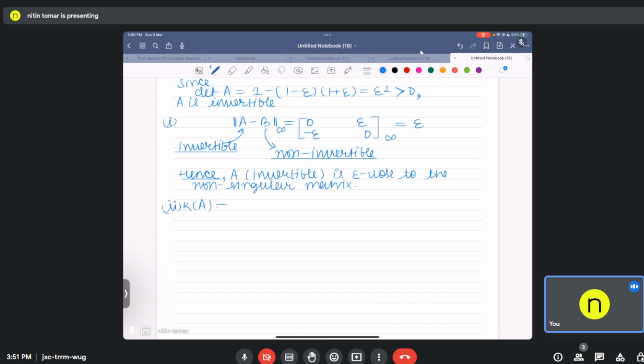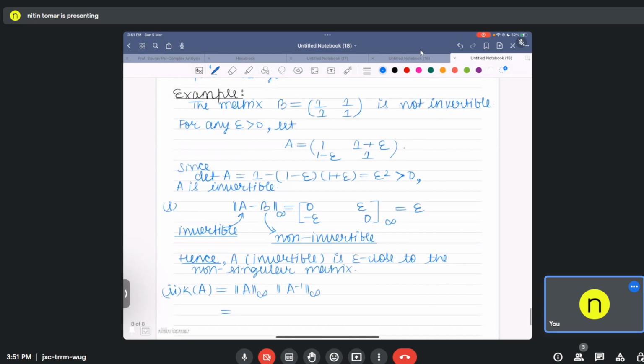So what is the condition number of A? We are computing with respect to the L infinity norm, okay? Now please tell me what this is. The norm of A is 1 plus 2 plus epsilon, so 2 plus epsilon, am I correct? And let us write A inverse here.